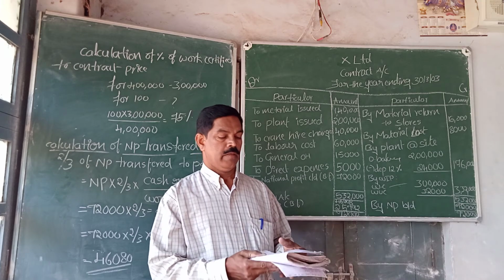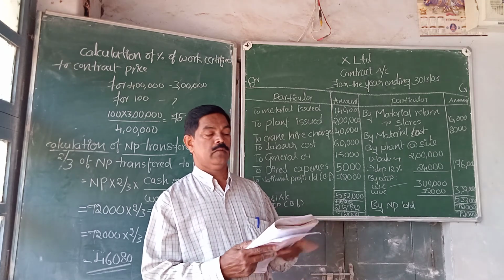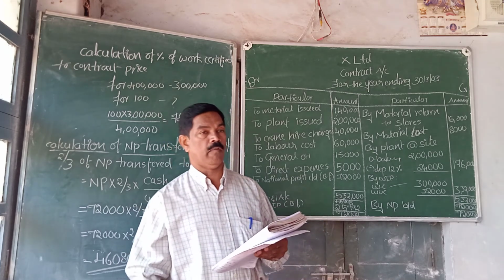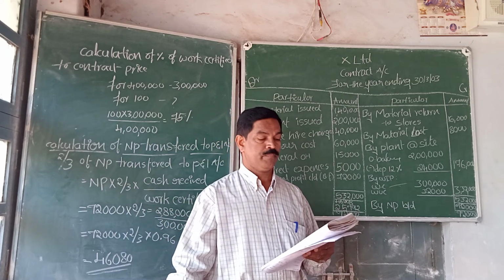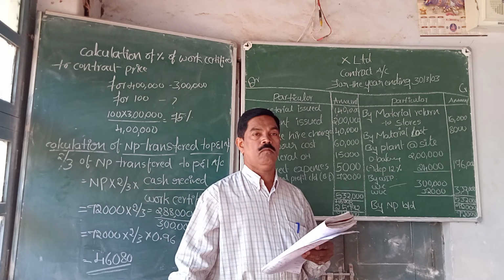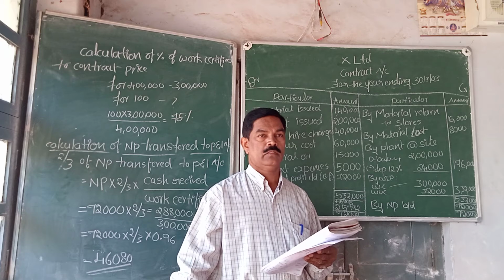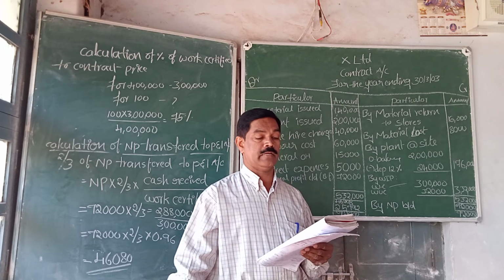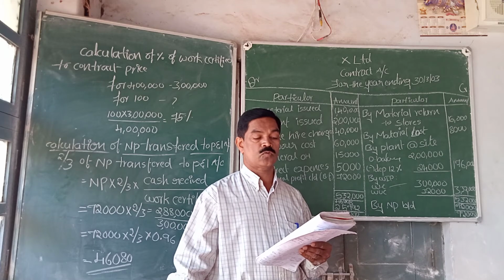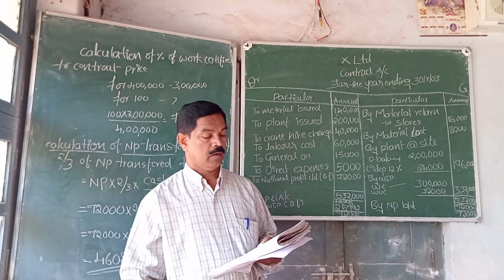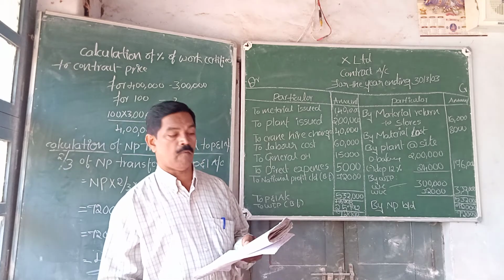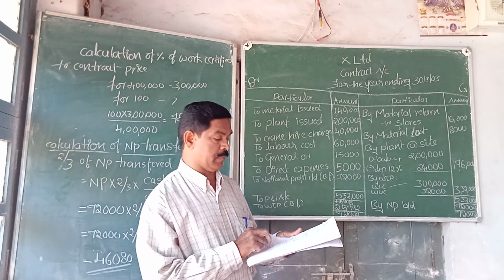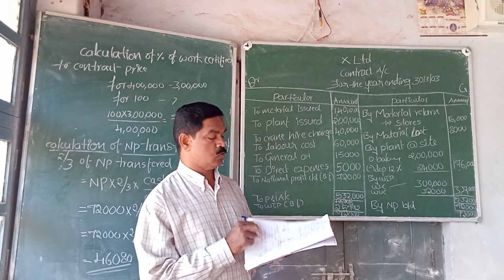Then again we are asked to prepare a contract account for Y also. Just see how Y's contract account appears. Contract account for the year ending 31st March 2003. Again here, material issued for Y is 30,000, as given in the problem.